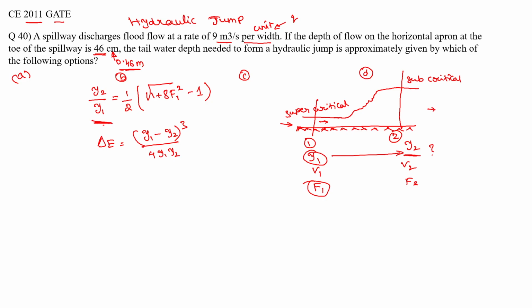Okay, so can anybody guess how much is the value? Just use this particular equation. This equation is sufficient. Maybe I can give a hint. V1 equals Q by A1. Or maybe I can simplify it in this way: V1 equals q by y1. This is one hint.